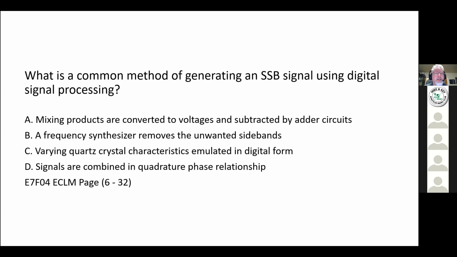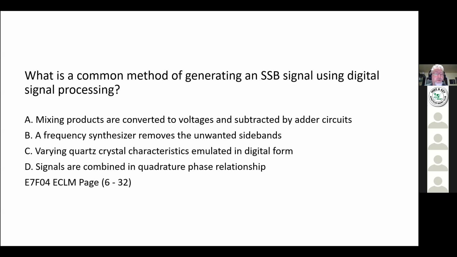What is a common method of generating an SSB signal using digital signal processing? A, mixing products are converted to voltages and subtracted by adder circuits. B, a frequency synthesizer removes the unwanted sidebands.